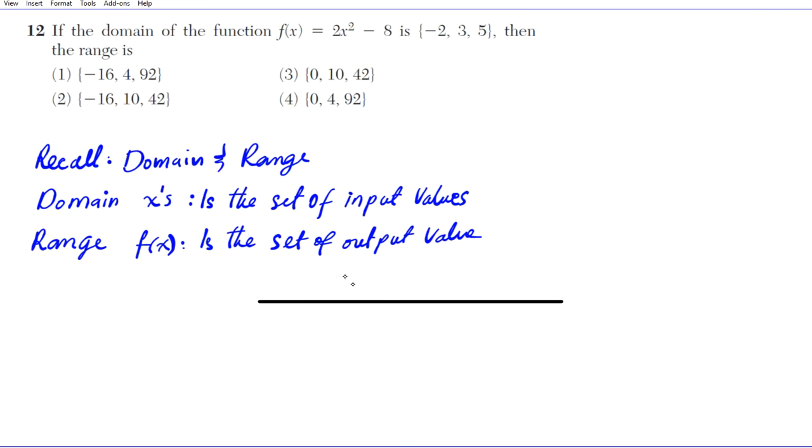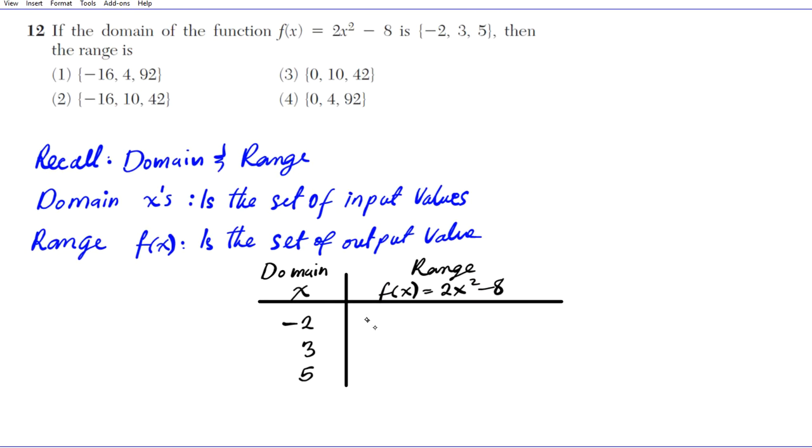So let's start with x. What is x? Domain or range? X represents the domain or input. So don't forget that. Our domain x are the elements negative 2, 3, and 5. Now to generate the range, or f of x, we're going to use the function rule 2x squared minus 8.